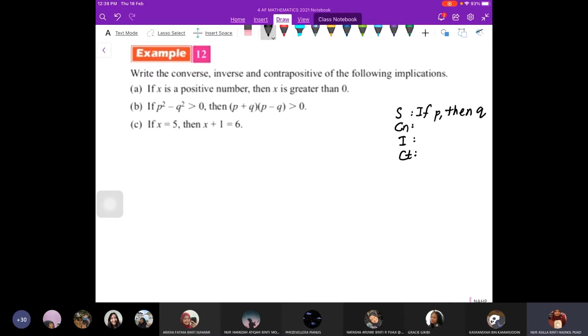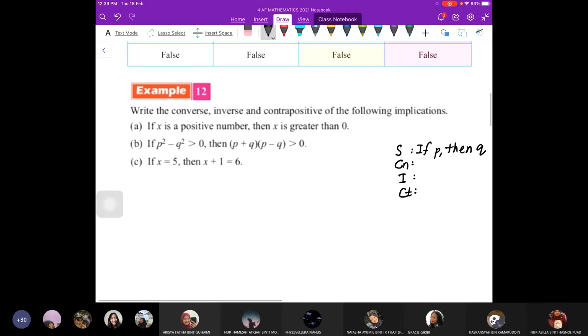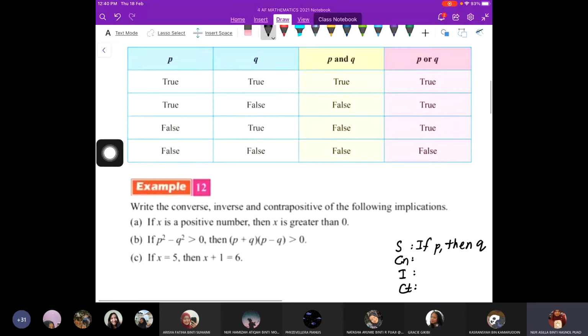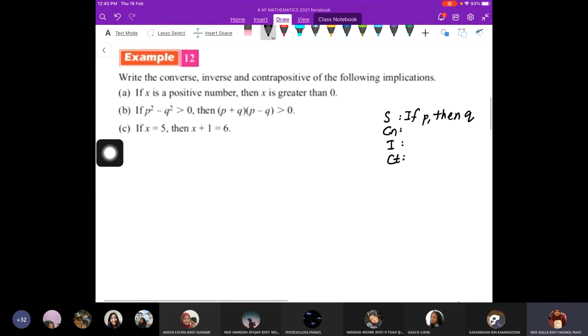So converse. Tengok sini, converse, bukan inverse. So dia akan terbalik. So dia akan jadi if Q then P. Lepas tu inverse akan negatekan statement.